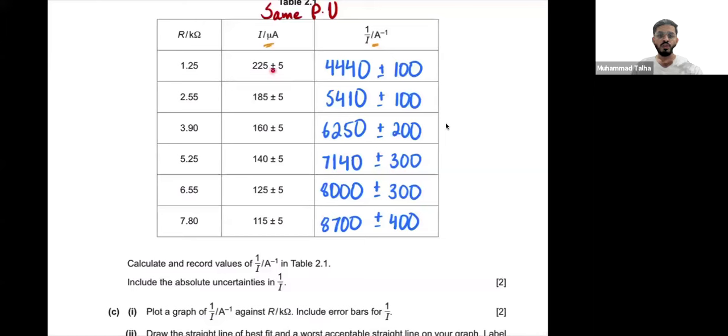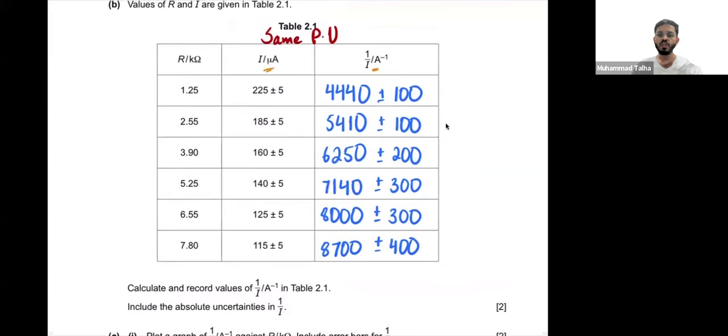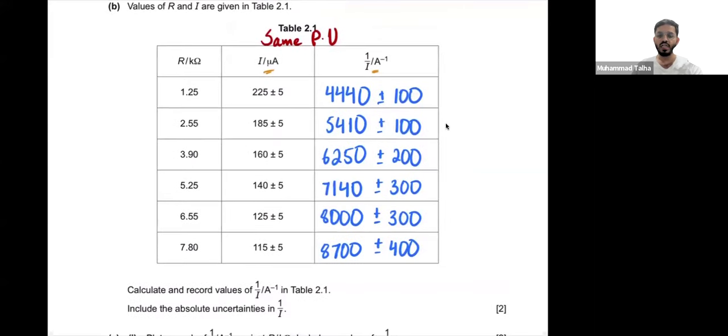So 1 over 225 micro turns out to be this, 1 over 185 micro turns out to be this, and this is how you get the principal values. For the uncertainties in 1 over I, there are really 2 ways to do this. One way is using a formula. Since this is just 1 over I, they have the same percentage uncertainty, so I can also say they have the same fractional uncertainty.